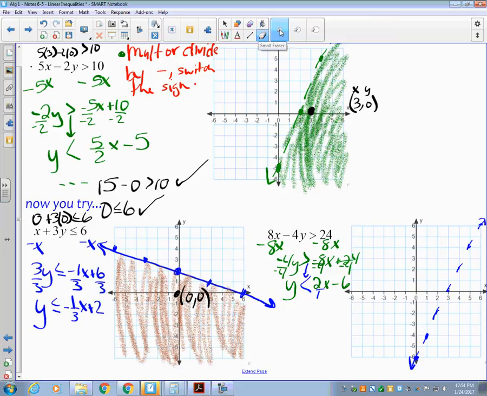Okay, we want to color everything below the dashed line, so that's this. Unfortunately, 0, 0 is not in our test zone, but 4, 0 is.